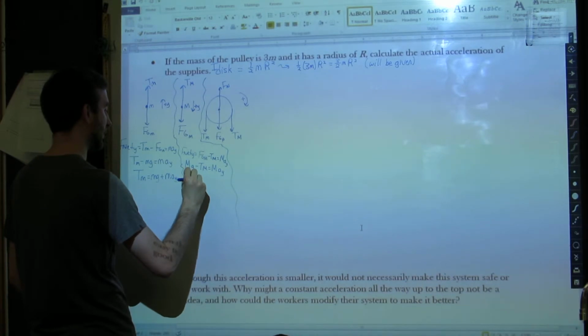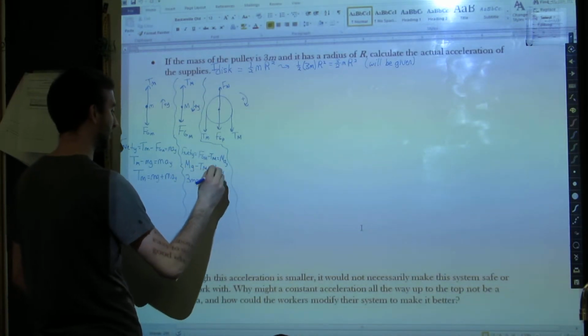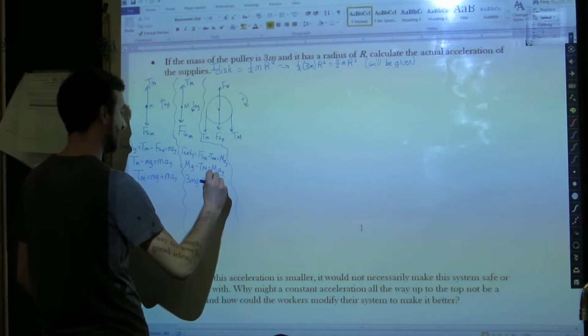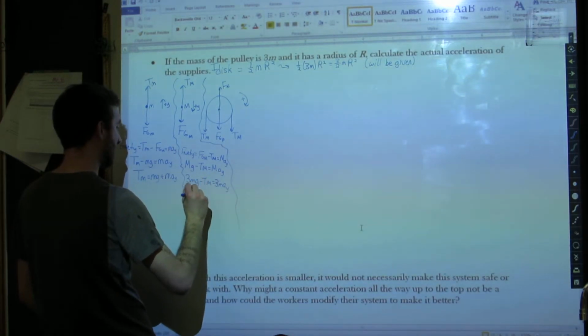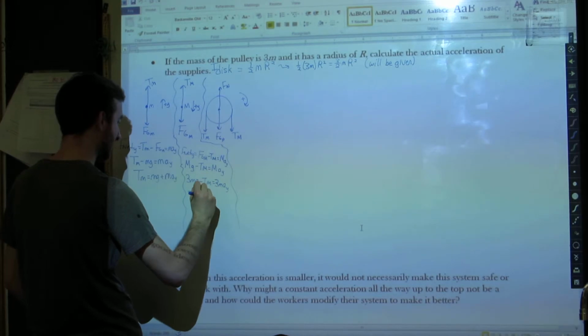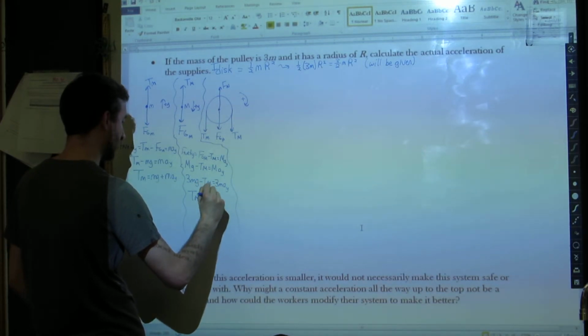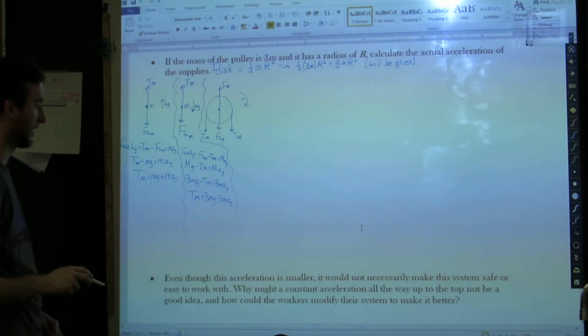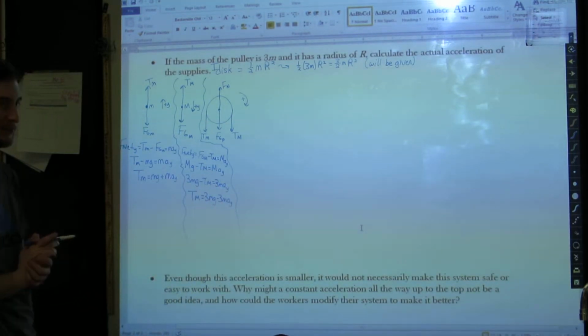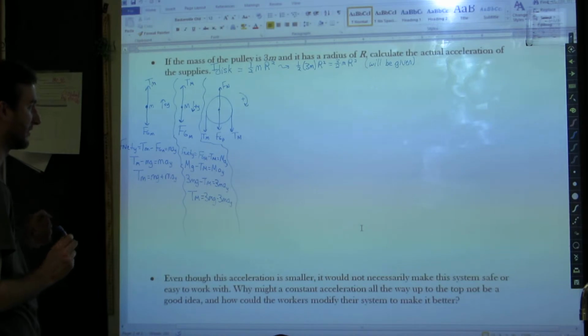I know this is really 3mg minus T big M equals 3m ay. T big M equals 3mg minus 3m ay. Pretty much the same as last time, other than I just threw the m's in.